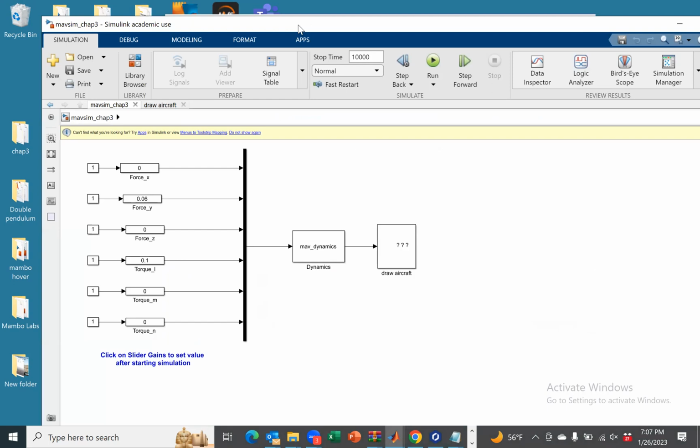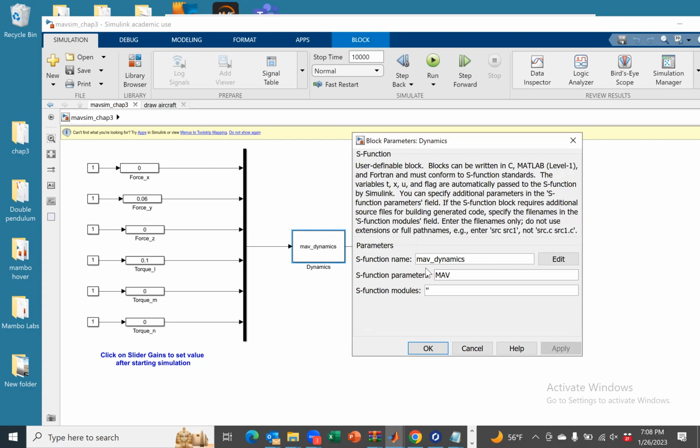Now, what we need to do is, between the forces on the left, can you see Fx, Fy, Fz, L, M, N? Between the forces and the torques on the left, we need to add this dynamics equation that is numerically integrating the equations of motion that we talked about. Everyone understood this? Now, I want you to double click this, and you will see that the S function name is MAV underscore dynamics, and the S function parameters is MAV.